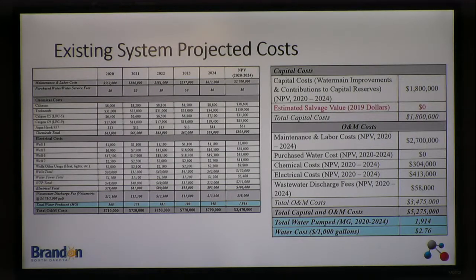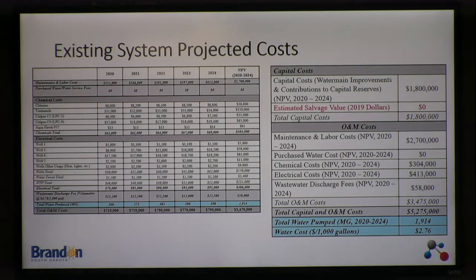So, in order to do this, there was a cost comparison that needed to be done, and this is just a summary table showing how the costs were developed for the existing cost of water, if you want to call it that. But these costs are using the existing water supply system without any additions to it. So here we have each year the annual operating costs being developed.